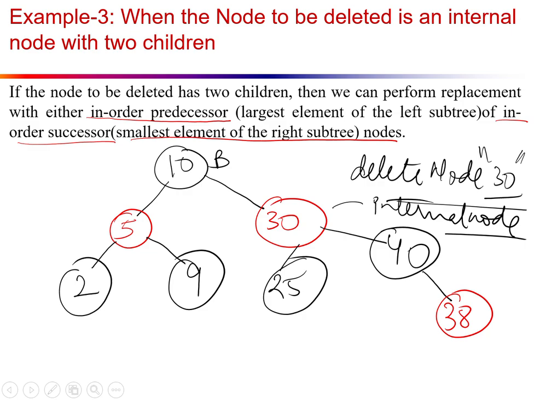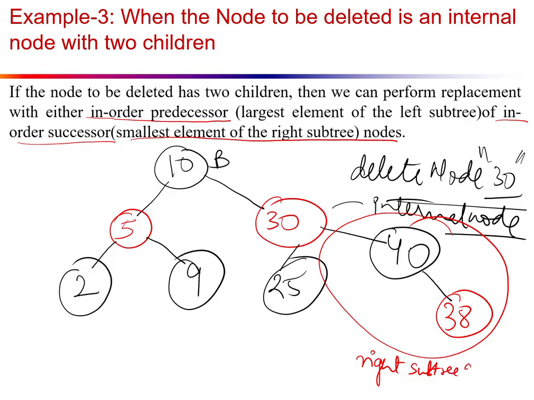So let us assume that we are selecting the inorder successor. What happens when I select the right subtree?